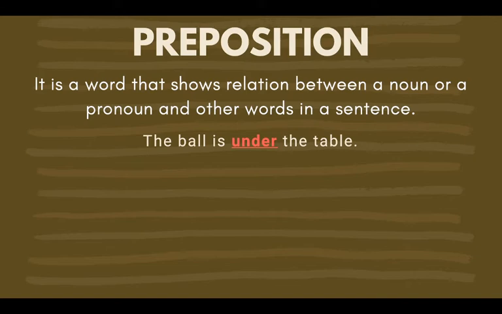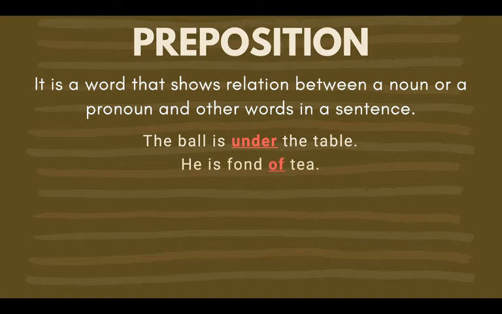So here under is a word, that is a preposition which connects or links the subject and the object. It tells more about the object, tells about the position of the noun. That is, the ball is under the table. Here, under the word is highlighted, which is a preposition.